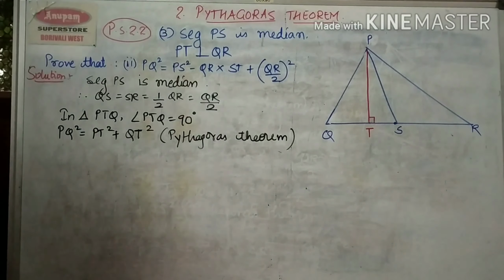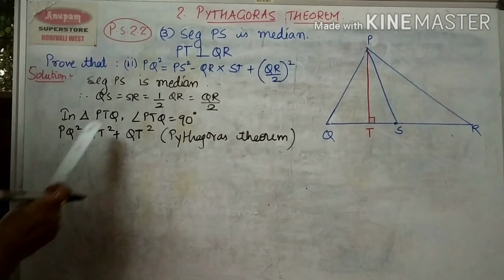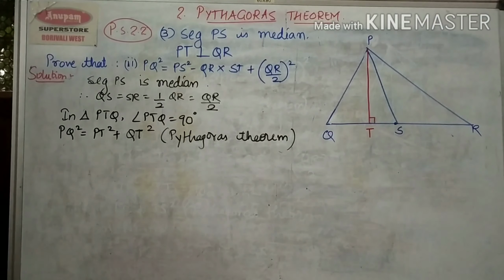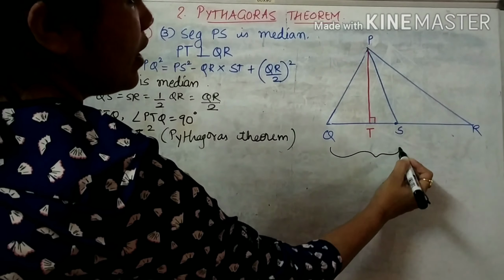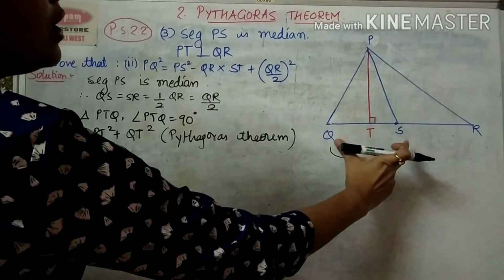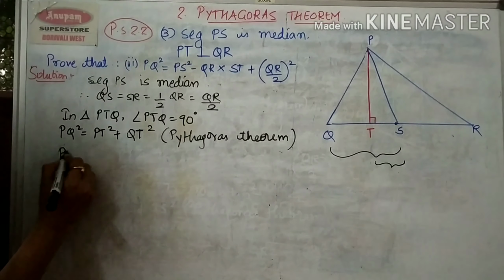Then PQ square, I'll keep it as it is because I want it in my question. PT square plus QT square, what can I do with it? I can say QT is QS minus TS. So like that I am going to write it in the next step.